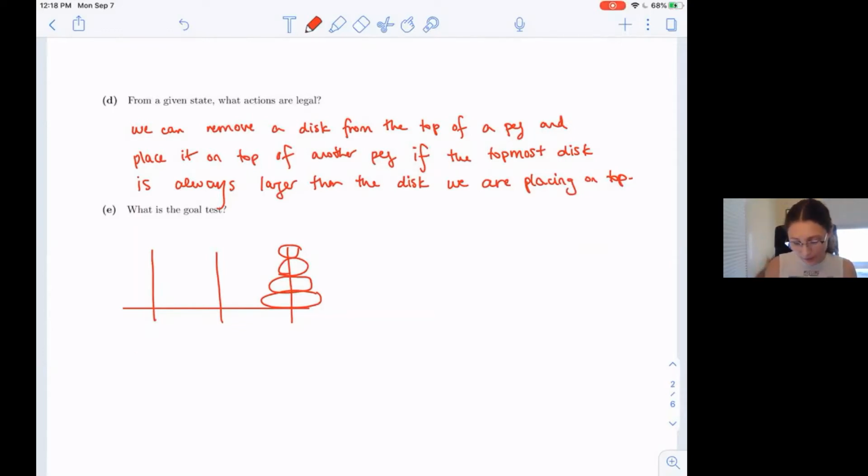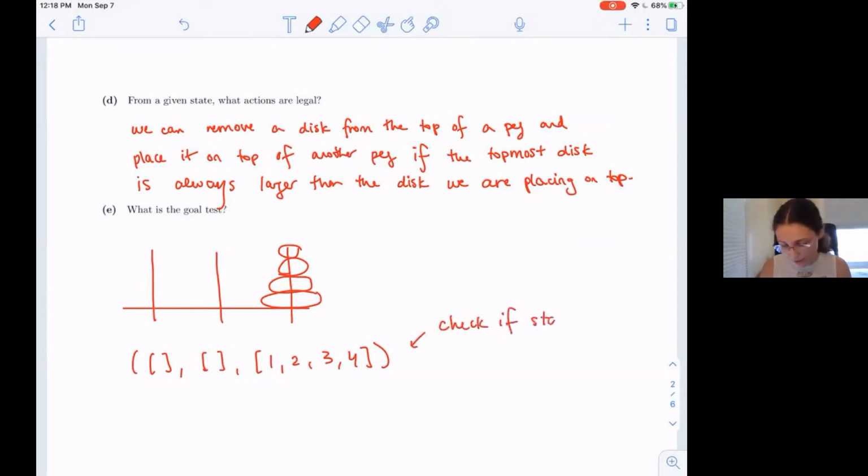The state space representation for this picture is I have no disks on peg 1, no disks on peg 2, and I have the list of disks 1, 2, 3, 4 ordered as such on the final peg. And so all we need to do is check if state is equal to goal state, where the goal state is described like this.